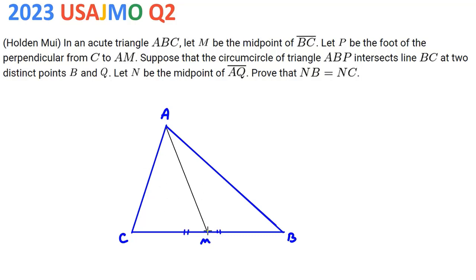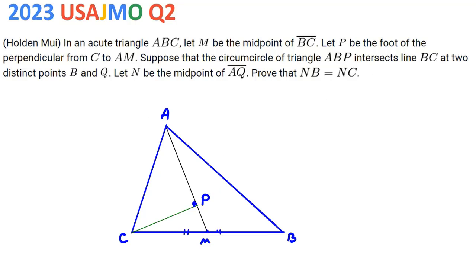Okay, the angle here is 90 degrees, it is our perpendicular. So this point is P, the foot from C to AM. Suppose that the circumcircle of triangle ABP.